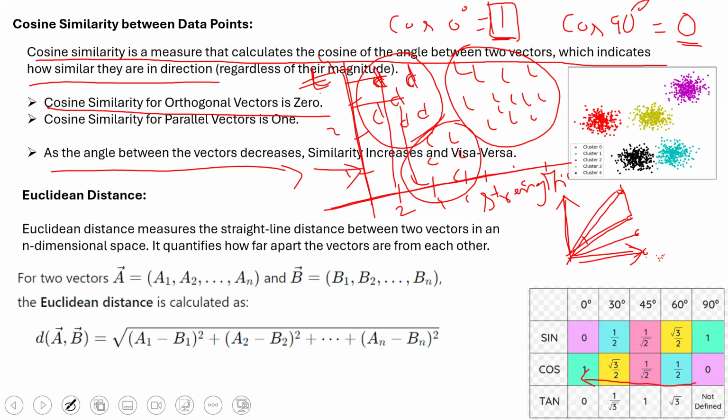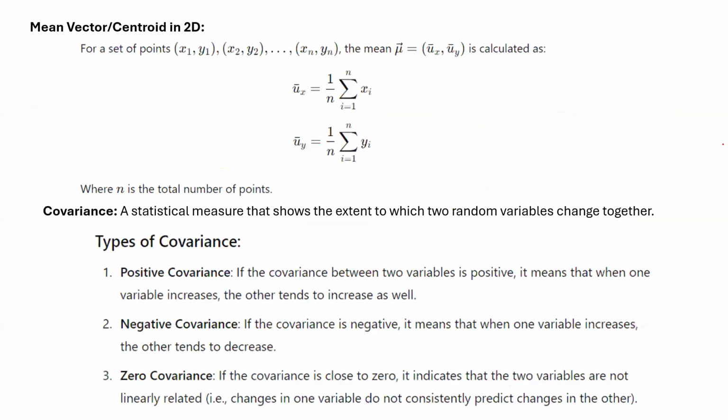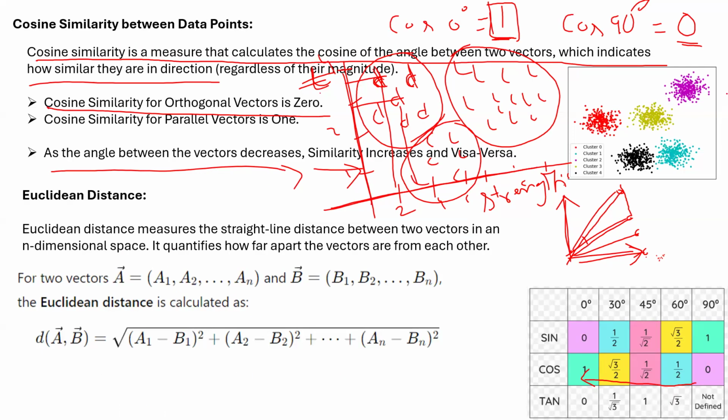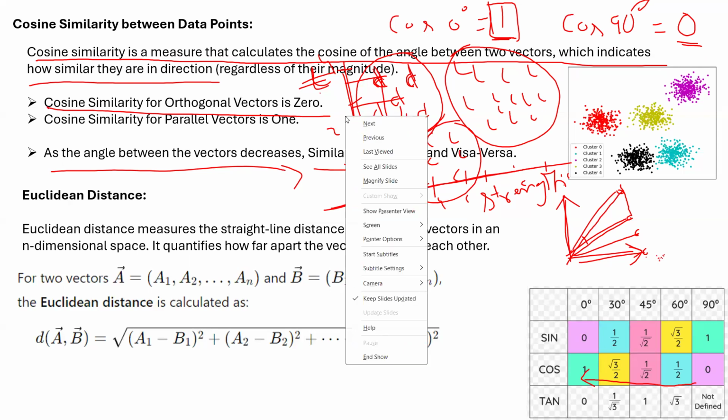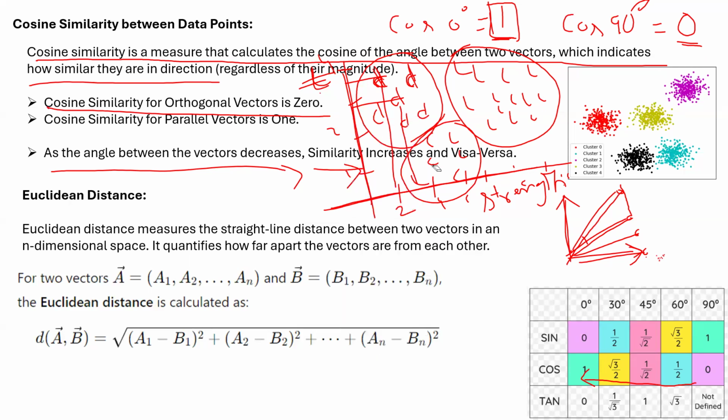Now let's take a simple example and try to calculate the cosine similarity for those 3 points. You will understand when I take 3 points. Let me quickly take an example so that you will better understand which are similar and which are not similar.